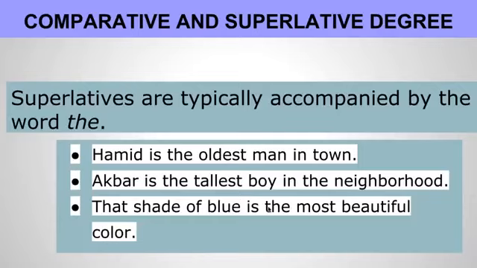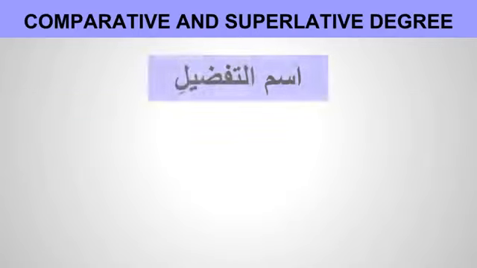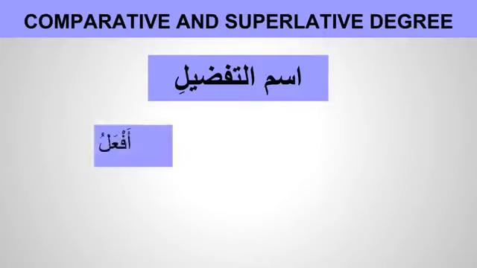So how do we make comparative and superlative in Arabic? That is ism tafdeel. It comes on a pattern in Arabic, and it's very, very simple. There's only one pattern, and that pattern is called af'alu.